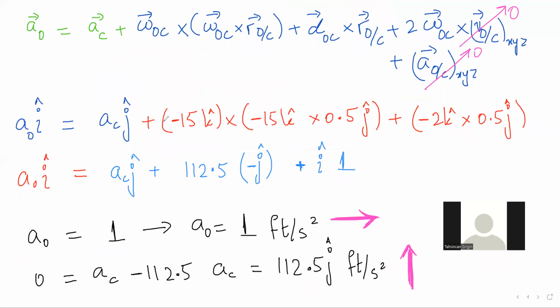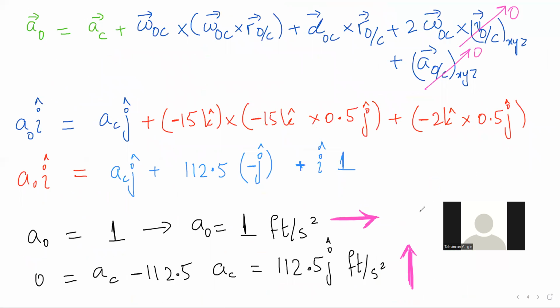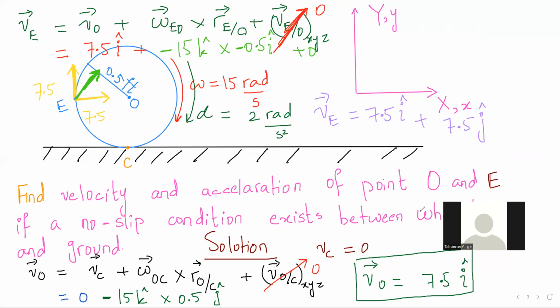1I. Okay. Plus, what is omega EO? That's my clockwise. Minus 15K.